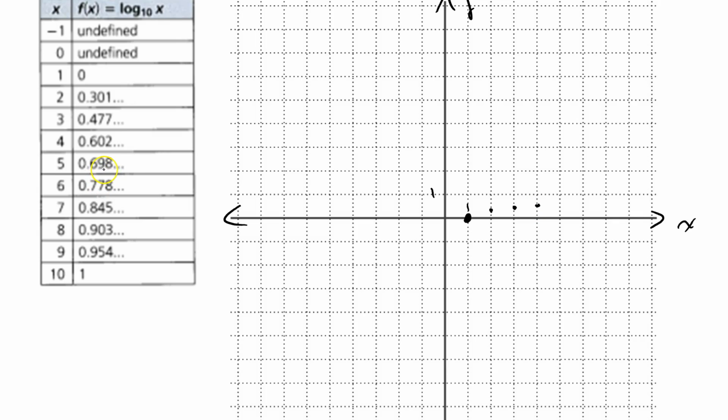And then we have a little bit more until we get to 10. So 1, 2, 3, 4, 5, 6, 7, 8, 9. Oh, just one more. I'll just add it. So that when we get to 10, we are at 1. So if we're to connect these dots here, what I'm going to do is, oh no, I don't like that.